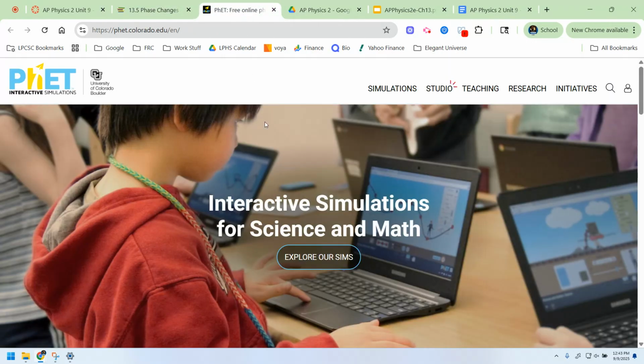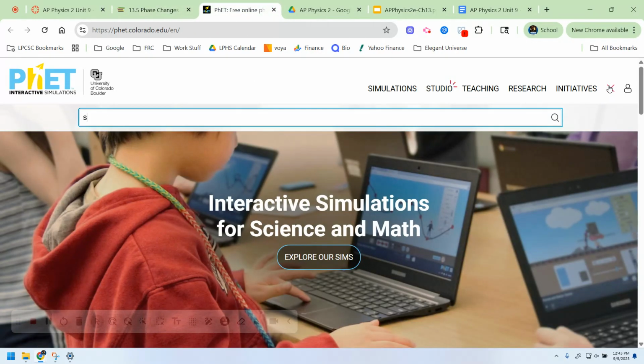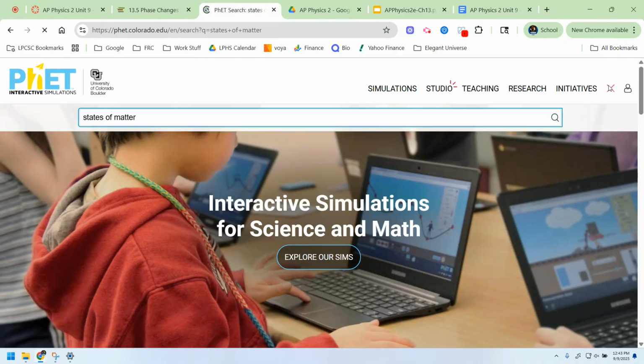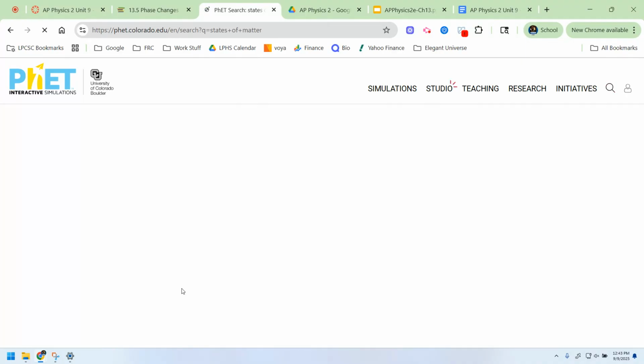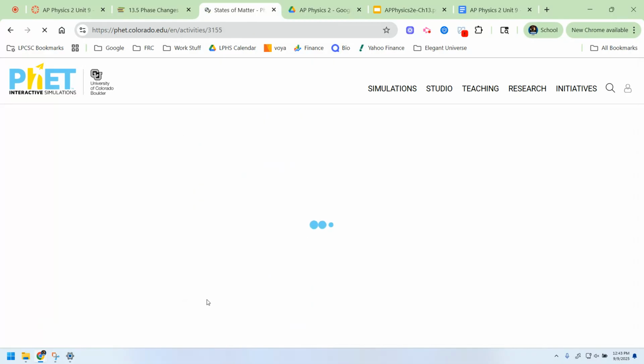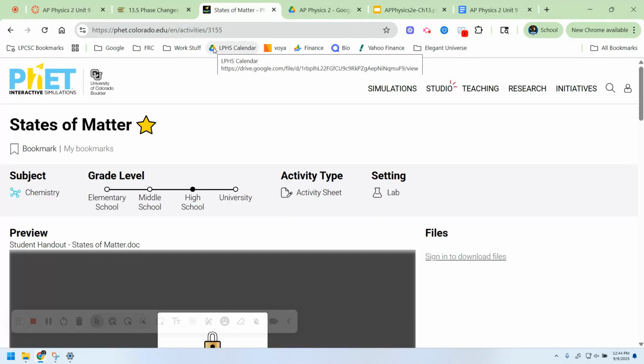States of matter. I'm going to do this states of matter. This is really nice because you can see the relationship between the kinetic energy of the molecules and how it impacts how the pressure and the volume and the temperature are all connected along with the kinetic energy.